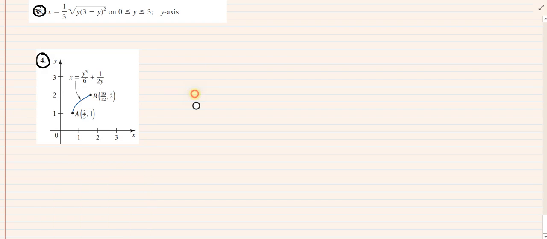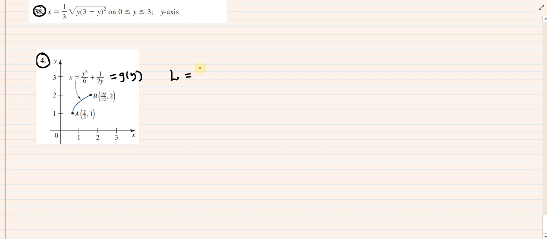So let me work on this one. We want to find the arc length, right? In this case, we are given x as a function of y, x is equal to g of y. So what I need to do is, here's the actual formula for the arc length.